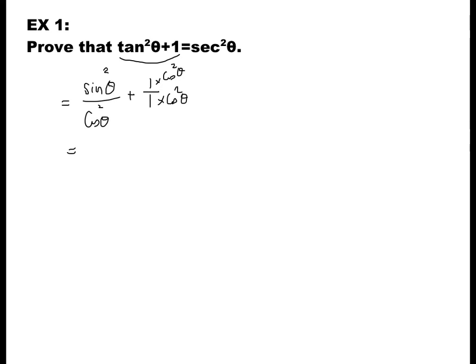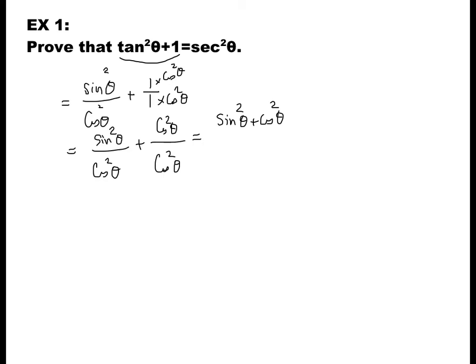So I'm going to get sine squared theta over cos squared theta plus cos squared theta over cos squared theta. Now, since the denominators are the same, I can add the numerators. So it's going to be sine squared theta plus cos squared theta over cos squared theta.